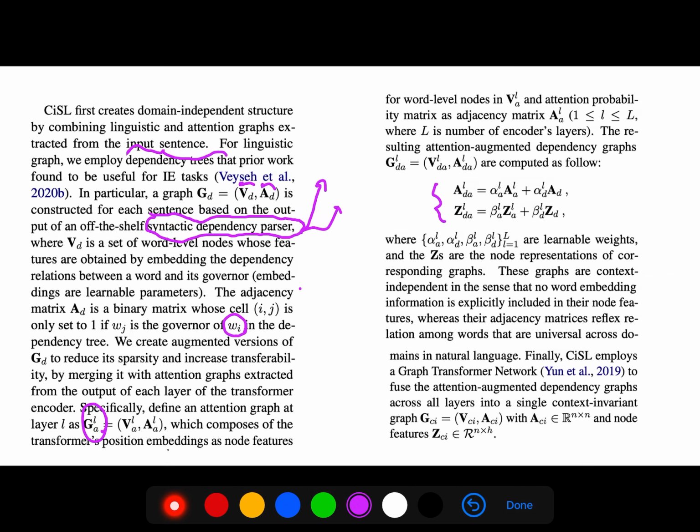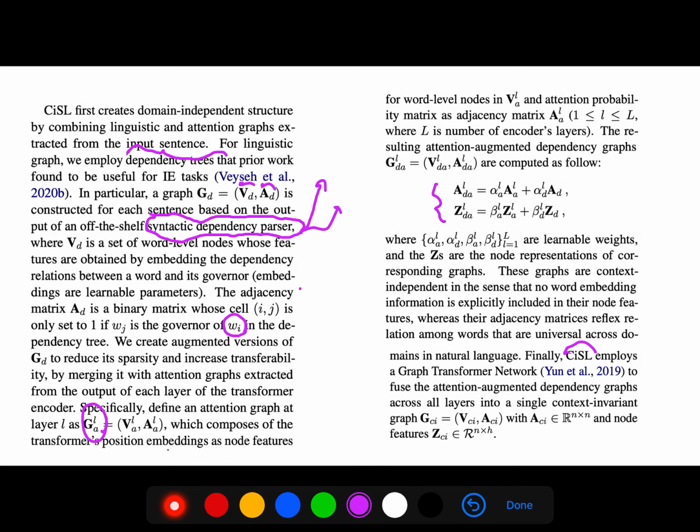The alpha and beta are just learned weights, and the z's are the node representations of the corresponding graphs. These graphs are context independent in the sense that no word embedding information is explicitly included in their node features, whereas the adjacency matrices reflect relations among words that are universal across domains in natural language.